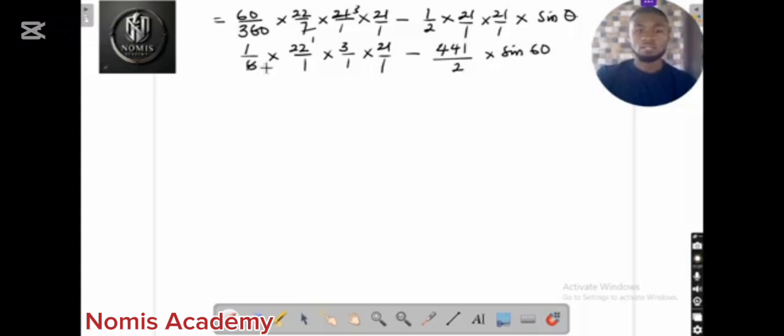So I can still say 3 into 3 is 1, 3 into 6 is 2, 2 into 22 is 11, and 2 into 2 is 1. So I'm left with 11 times 21 at this side, minus 441 divided by 2. You know 440 divided by 2 is 220, and 1 divided by 2 is 0.5. So that is 220.5 multiplied by sine 60, which is 0.866.